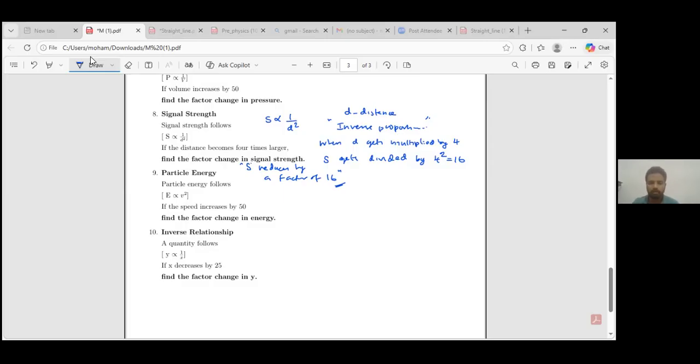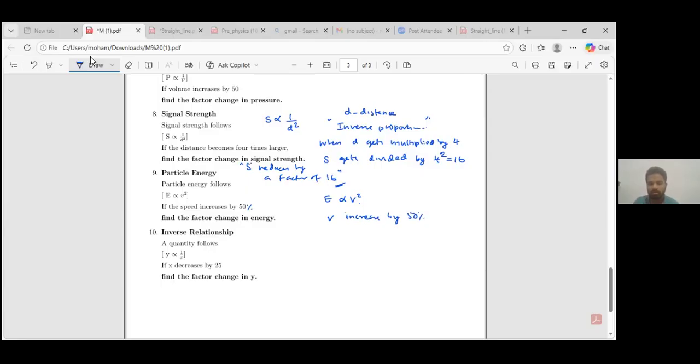For example, if they say we have E is proportional to V squared, which is a relationship, and they say this V, the speed, V increases by 50%.